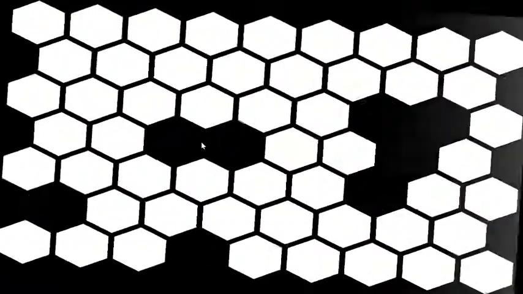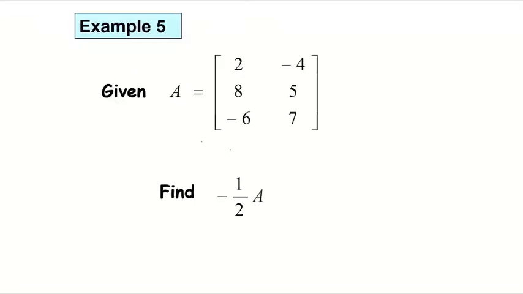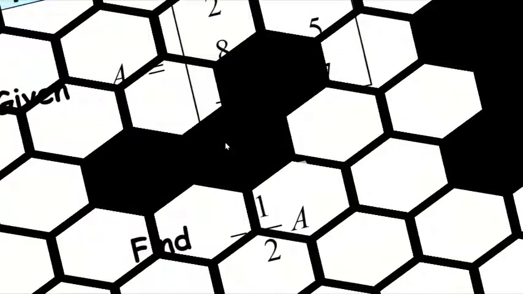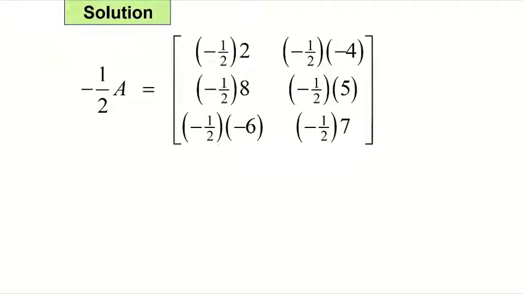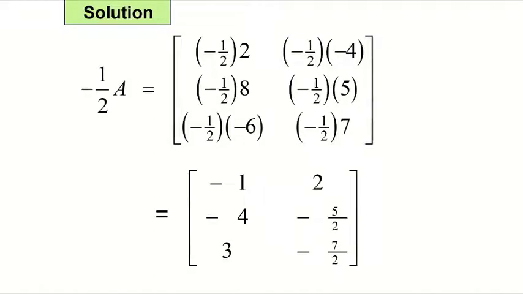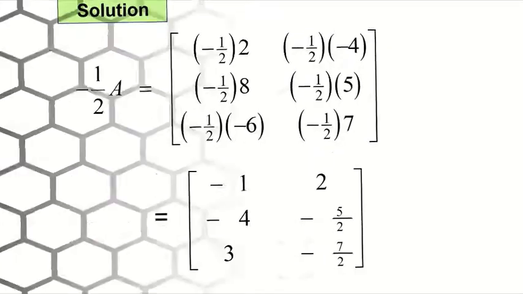Okay, next, example 5. You have to find negative 1 over 2 times A, which means all the entries in A must be multiplied with negative 1 over 2. Each element must be multiplied with the given scalar. So we have this answer.